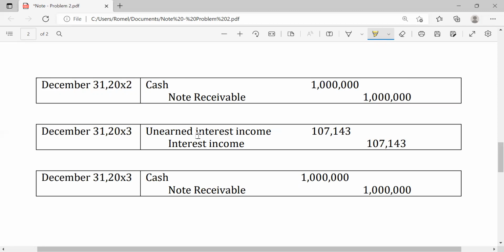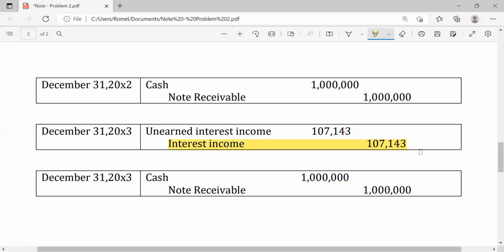And then for 20X3, the same na naman. Debit unearned interest income, 107,143, and then credit interest income, 107,143. This signifies that you earned interest income of 107,143.